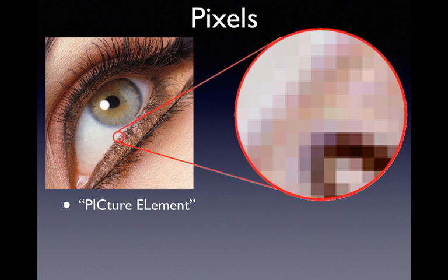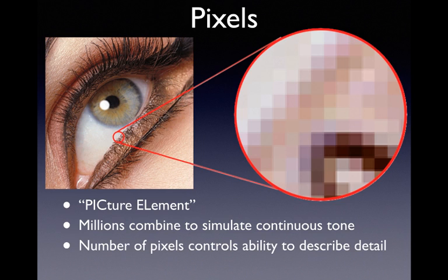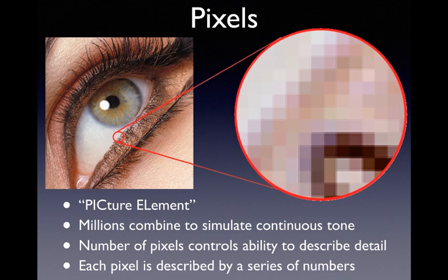Each one of these has an RGB value. That's what this is all about. You use millions of these to combine together to create what we think is continuous tone. However, it's really not continuous tone. But because they're so small, we are under the illusion that it is. Make sense? And that's where we're going to end it.